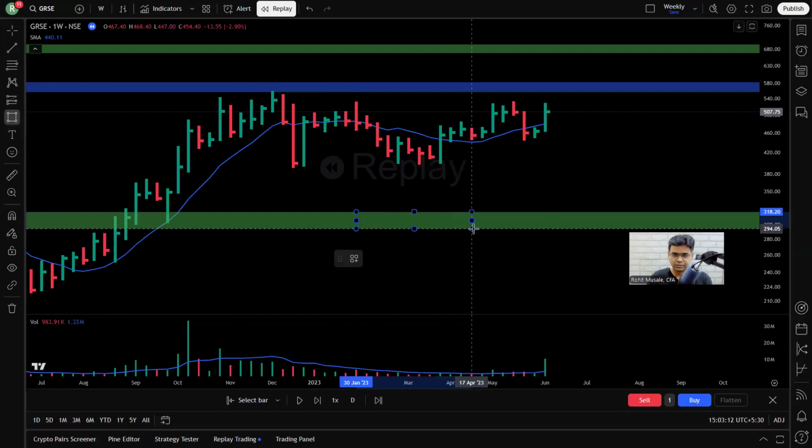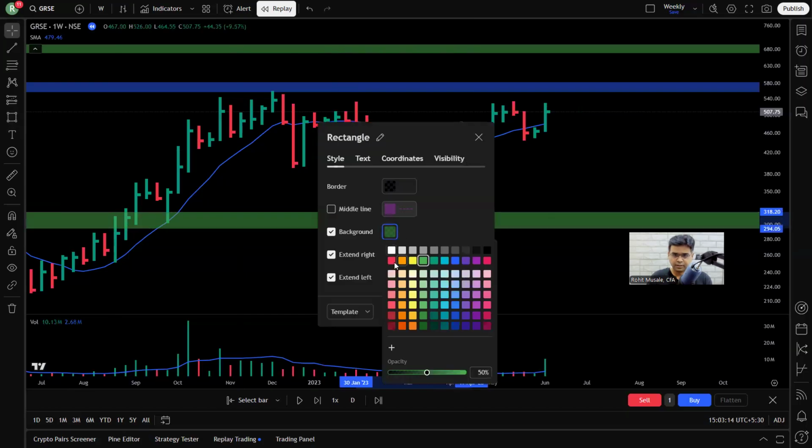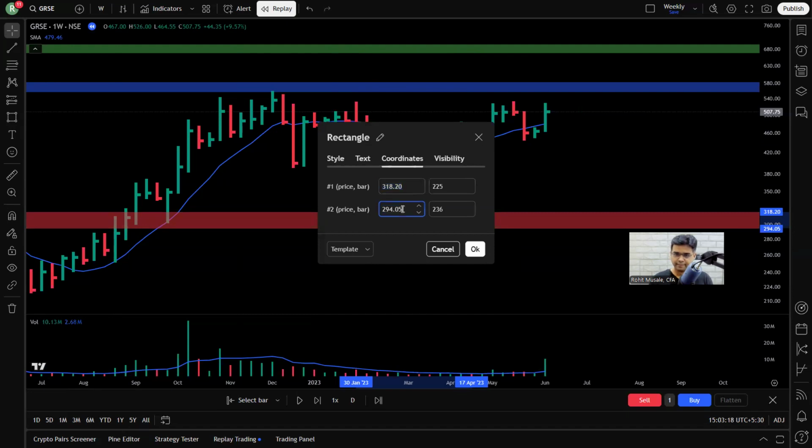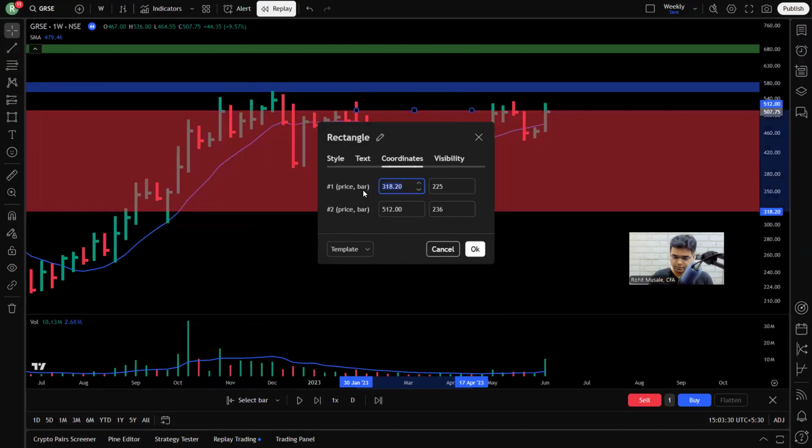Stop loss range, red color. 556.80 multiplied by 0.92, which is 512. So I will write here 512, and 556.80 multiplied by 0.95, 528.